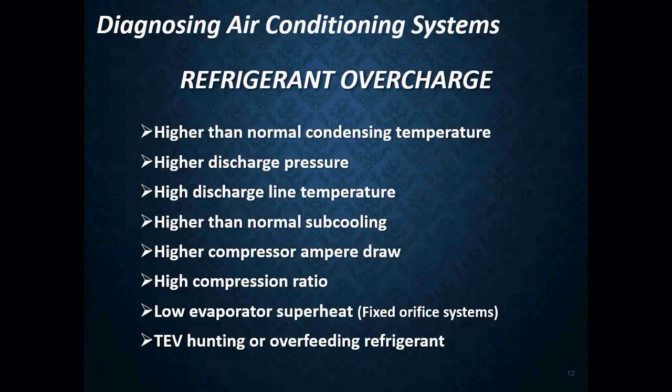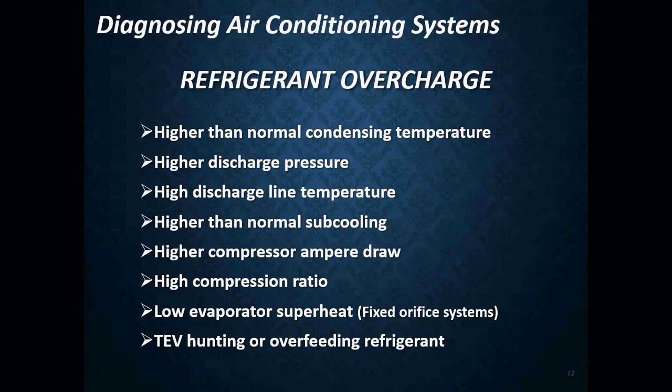Now, refrigerant overcharge. You're going to have higher than normal condensing temperatures, higher discharge pressures, higher discharge line temperatures, higher than normal subcooling, higher compressor amperage draw, higher compression ratios, and lower evaporator superheat, especially if you have a fixed orifice type of system, as well as TXV hunting or overfeeding of refrigerant.